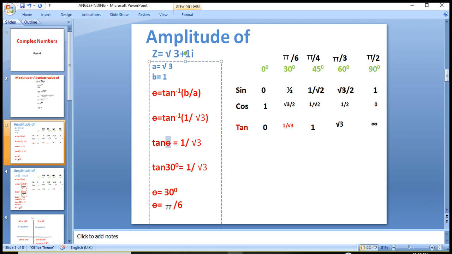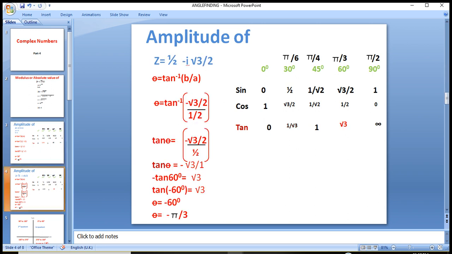Now we see another example to find the amplitude of this complex number, z equal to half minus iota root 3 by 2. You are watching here, a is 1 by 2 and b is minus root 3 by 2. We have put the values.